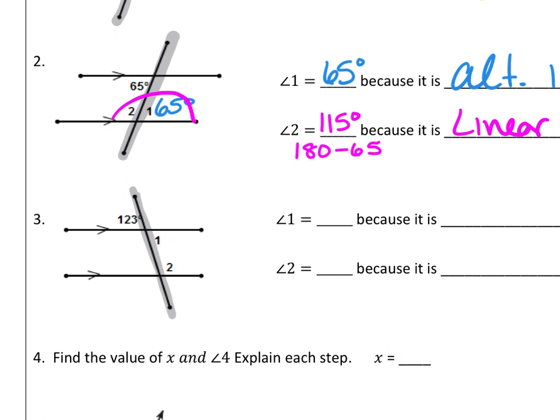We want to figure out angle 1. How is angle 1 related to the only numbered angle I have on here? What is that called when they're like this?